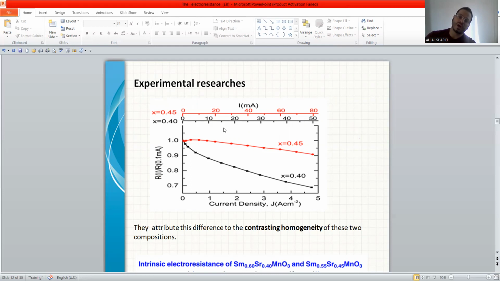It's important to know why we have a difference like that: because of the contrasting homogeneity of these two compositions.